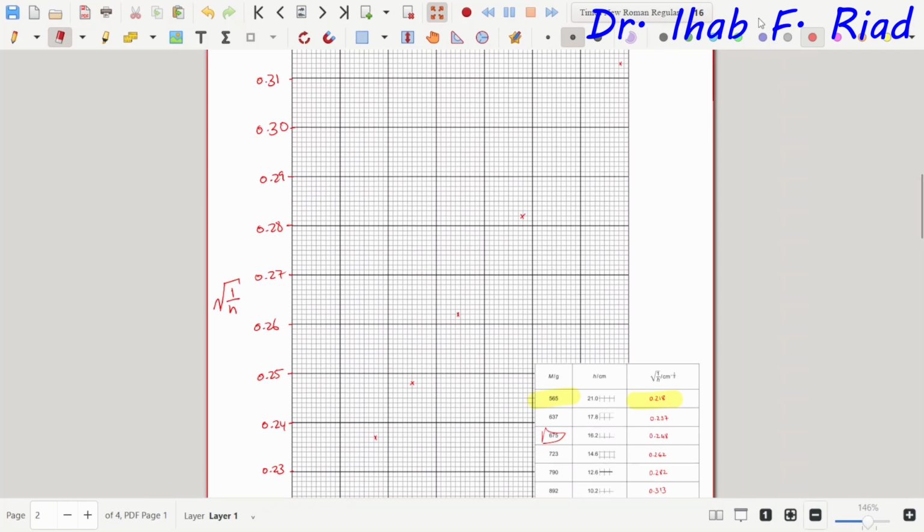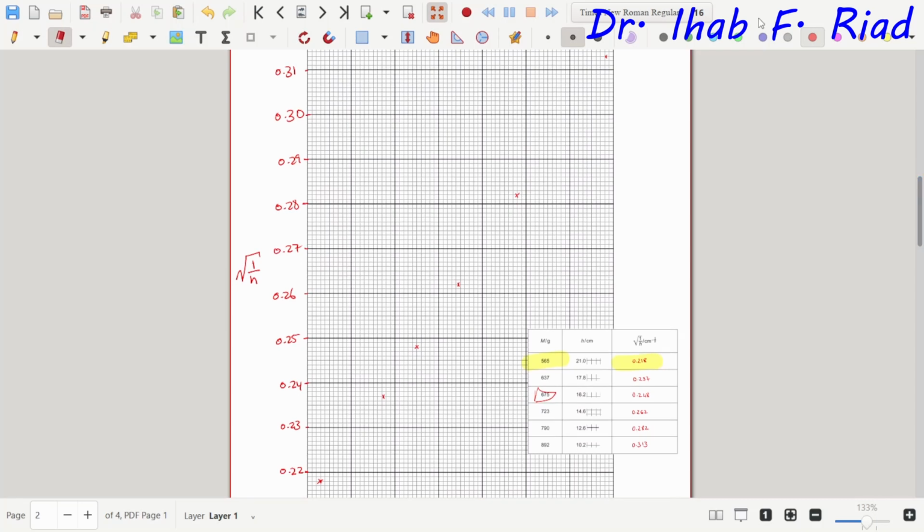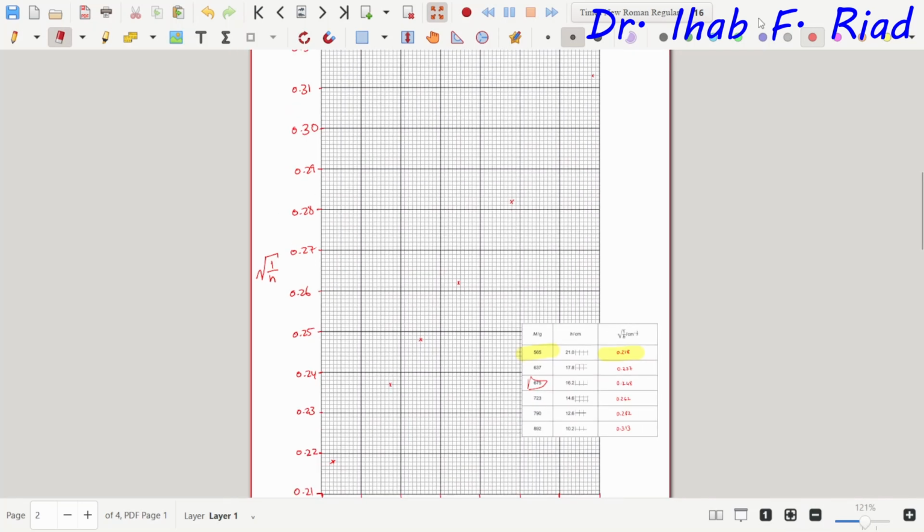Okay, now we need to make a graph plot, the graph or the line. So how do we do a line? You need to use a transparent plastic ruler. Okay, this is very important.